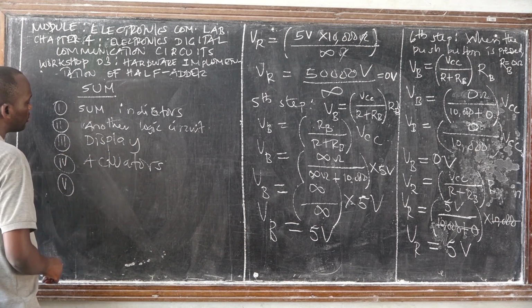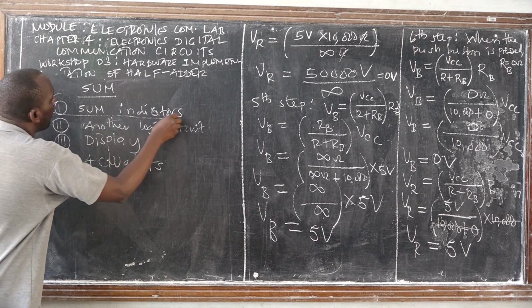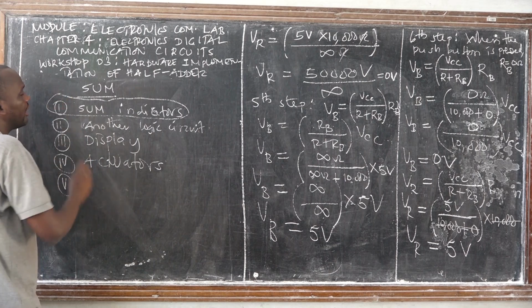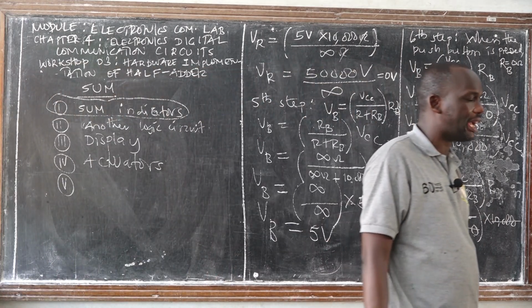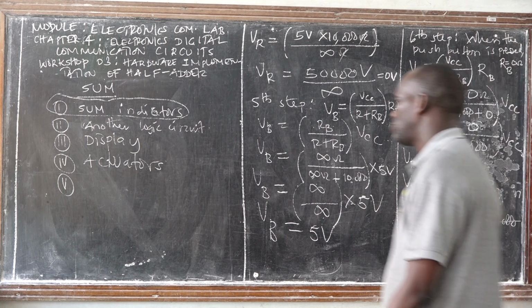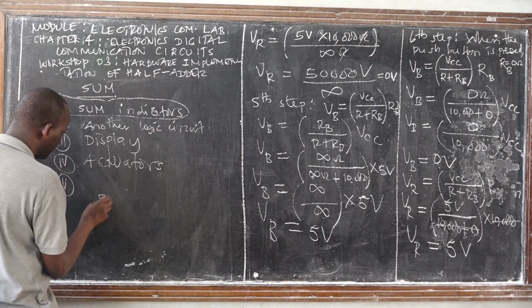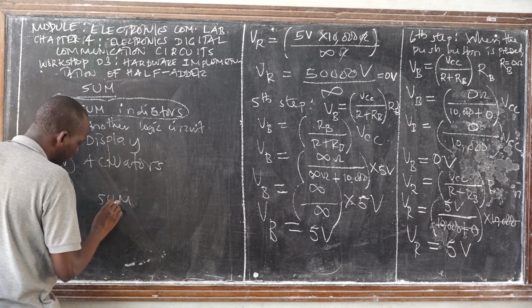But for this case, we'll just be using the sum indicator to know the summation of two binary inputs that will be added by the half adder system. So what is that indicator? The sum indicator will be indicating the state that we have in sum.